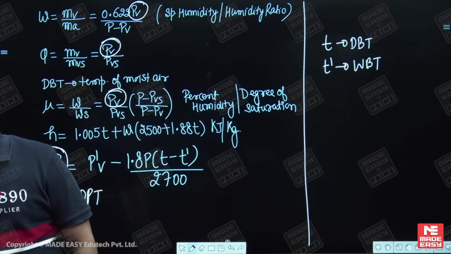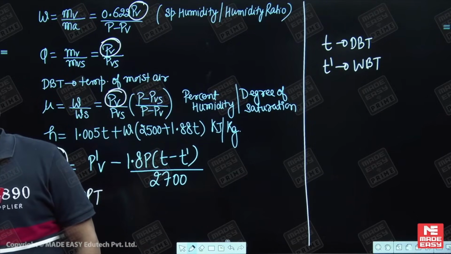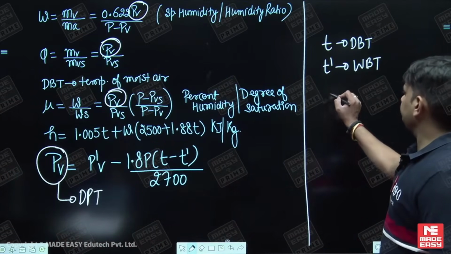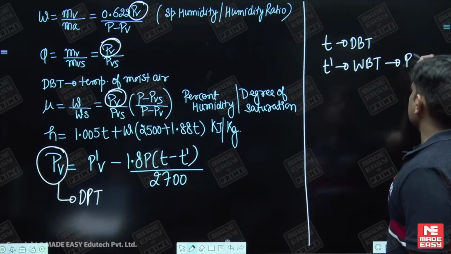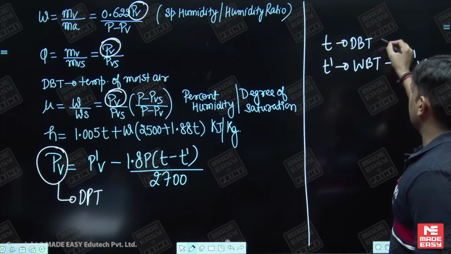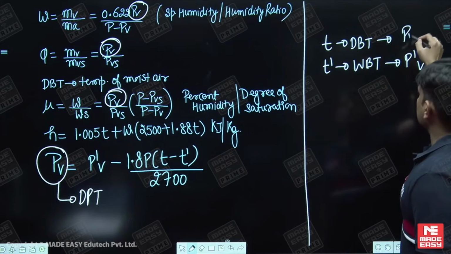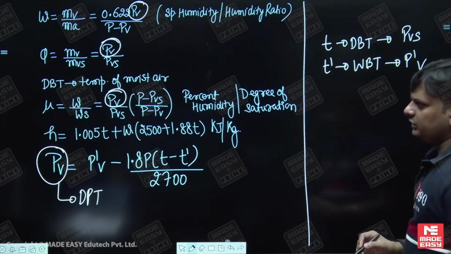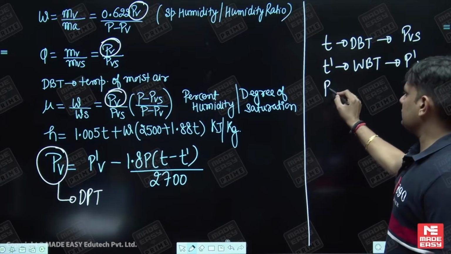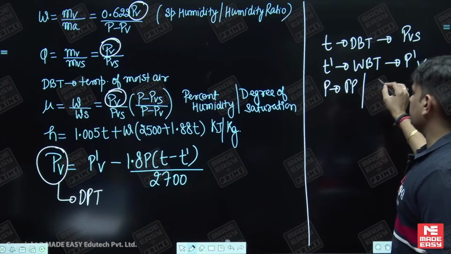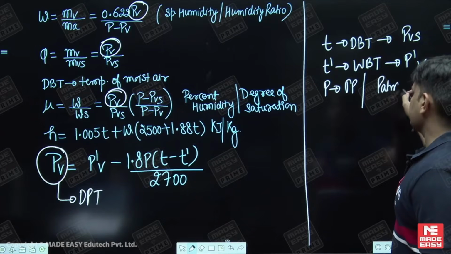The saturation pressure corresponding to the wet bulb temperature is PVS. And P is the total pressure; if not given, it is taken as atmospheric pressure.